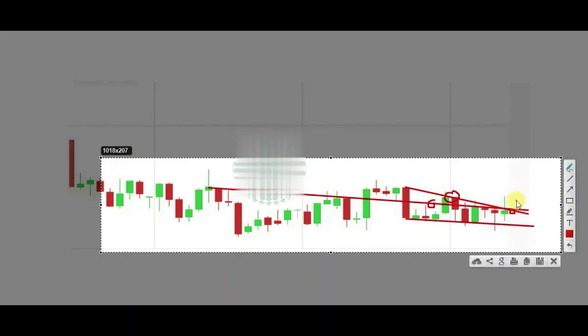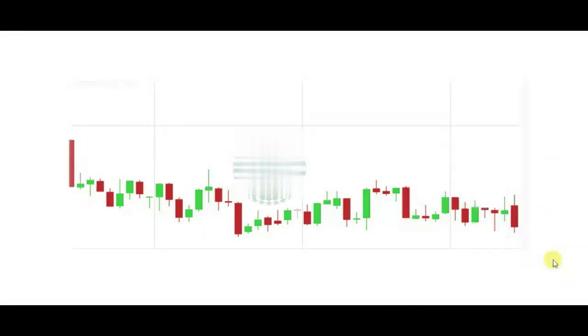I just want to place the trade according to support and resistance. Okay, strong sellers entry. By this way you can place trades and predict all the candlesticks.